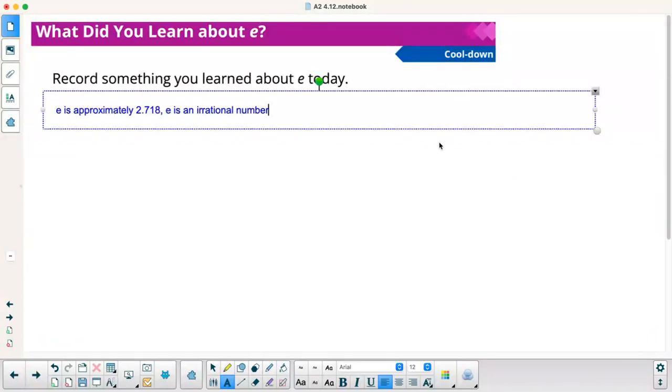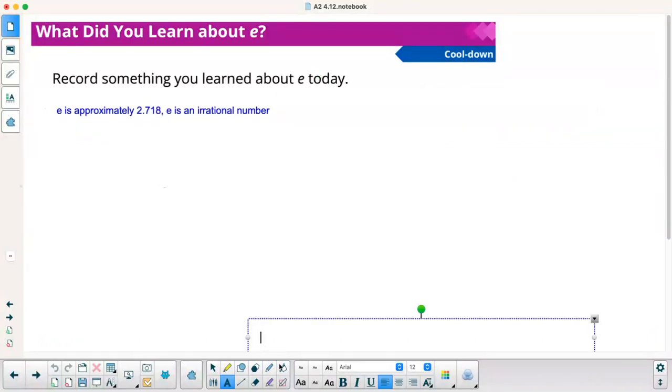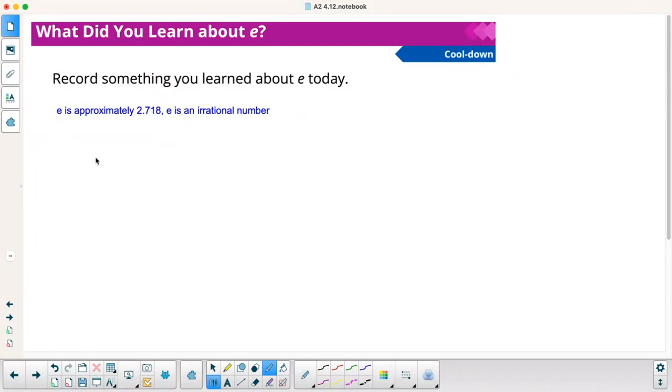And then I would say the formula to get E is 1 plus 1 over x to the x. And I would say you could put that notation, the limit as x approaches infinity. Or you could just say, if you didn't want to do that, you could say this is approximately E.